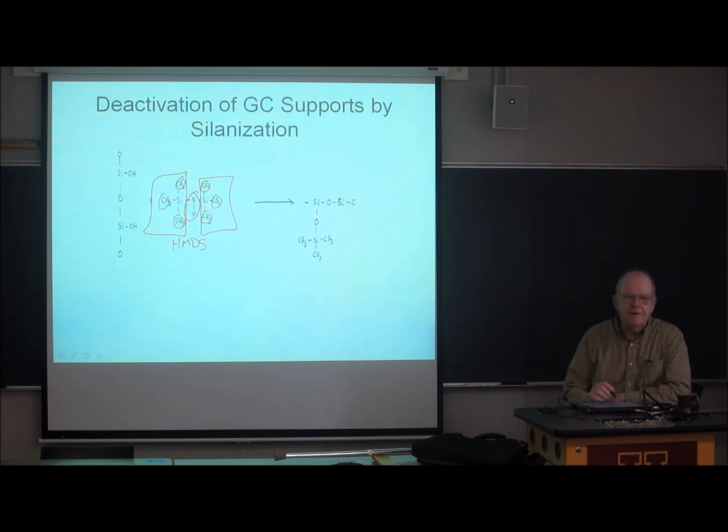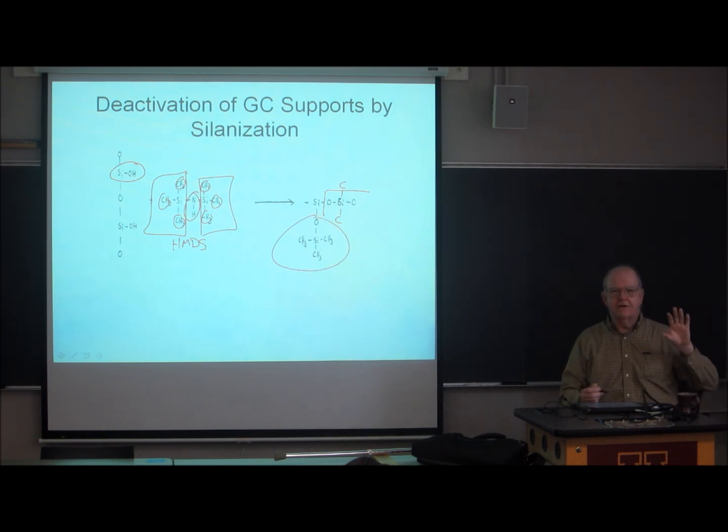This is extremely reactive stuff, and it goes after SiOH groups. In fact, it goes after alcohols, it goes after carboxylic acids, it goes after anything that has an OH group. And it reacts with it, and this half of the molecule gets attached. So this is like that. This is what I'm drawing.